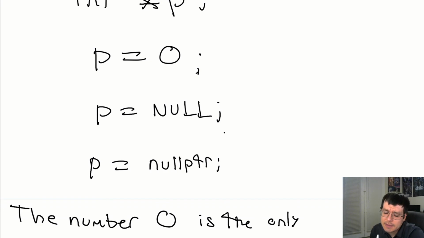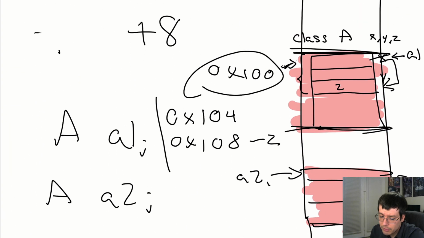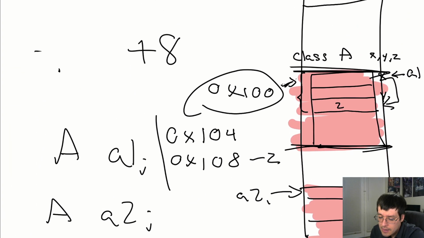In the examples I gave you above, where I said 0x100 was this location, this 0x100 was decided by the operating system when I did this line of code. If I rerun the code again, I could get a completely different address from the operating system. In fact, I probably will. There's no control over that.